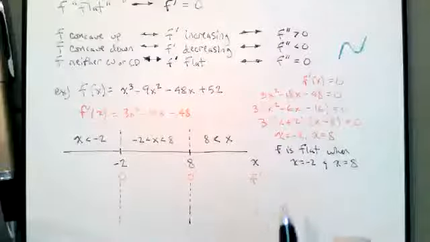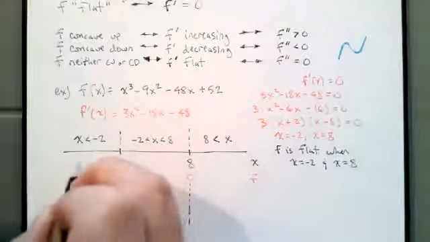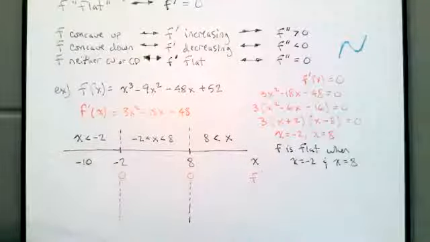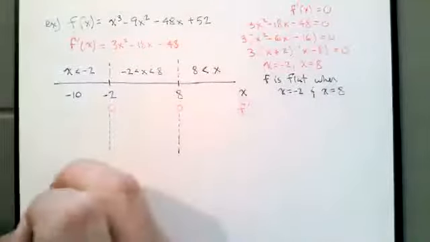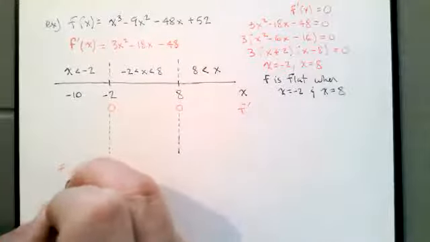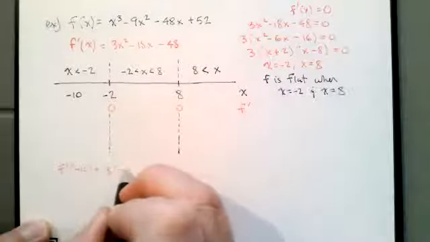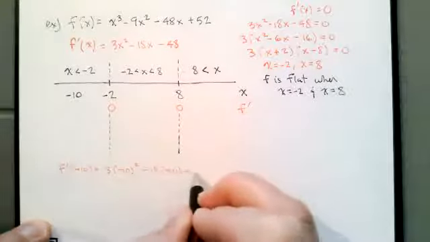So I'm going to choose x equals, I need something less than -2, so I'm going to choose -10. -10 is going to be my representative for all the x values that are less than -2, and I'm going to find f prime of -10. f prime of -10 will be 3 times -10 squared minus 18 times -10 minus 48.